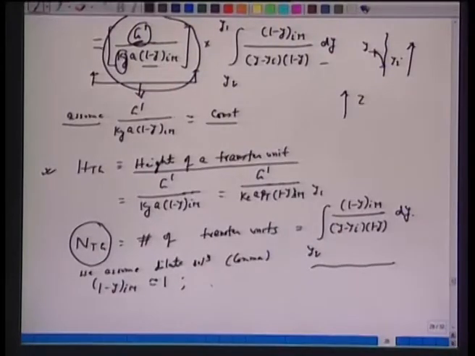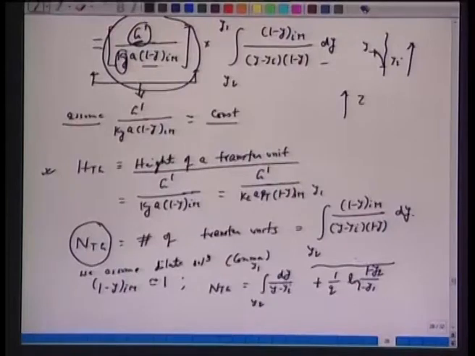The integral N_tG which we have written can be written as the integral from y2 to y1 of dy over (y minus y_i) plus half ln of (1 minus y2) over (1 minus y1), and again this quantity is 1 because y1 and y2, the mole fractions, are much less than 1.